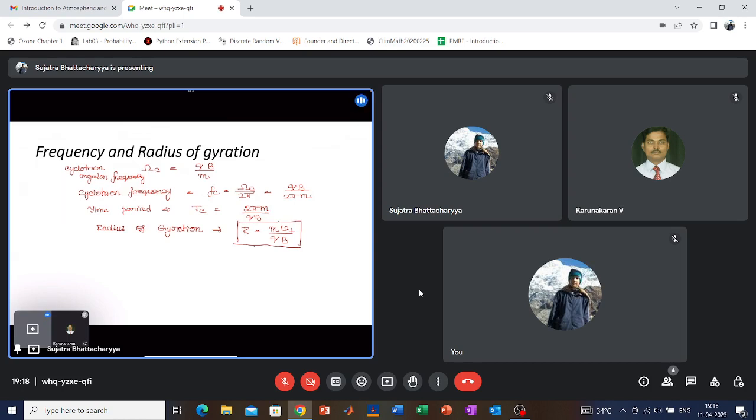Okay. Now just check from this radius of gyration formula, what will happen in case of ions? See, ions have greater mass than electrons. Therefore, ions will have larger circles than electrons.